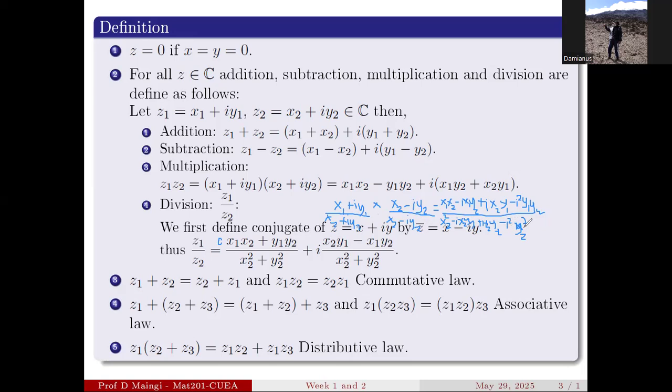Now let's simplify this. So here, numerator, you have x1, x2, and minus i squared y1, y2. So i squared is minus 1, so it's plus. So this becomes x1, x2 plus y1, y2, which is this one.